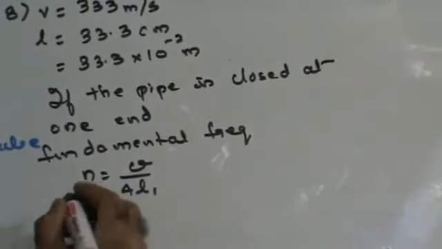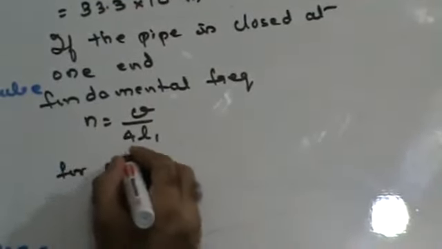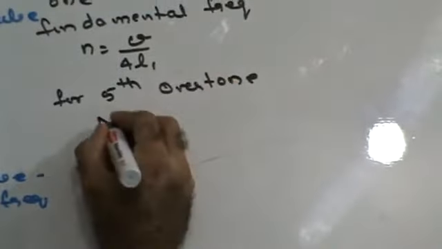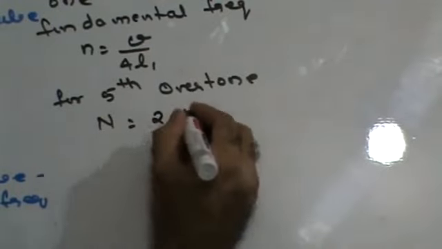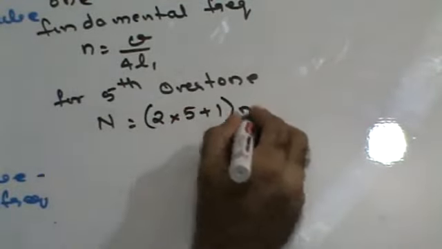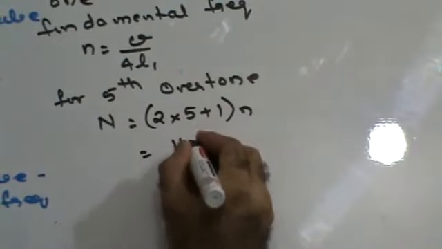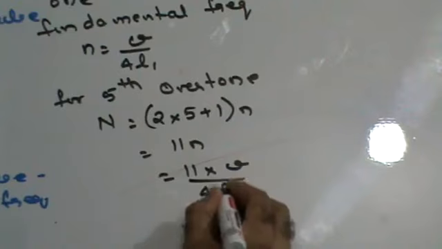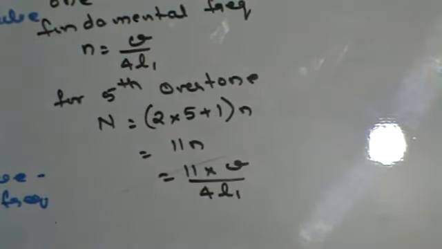Now, in that case, for the fifth overtone, the frequency is given by the overtone for a closed pipe, which is 2N plus 1. So that will be 2 into 5 plus 1 times the fundamental frequency, 11N. So 11 into V upon 4L. You know V, you know L. You can substitute and get the answer.